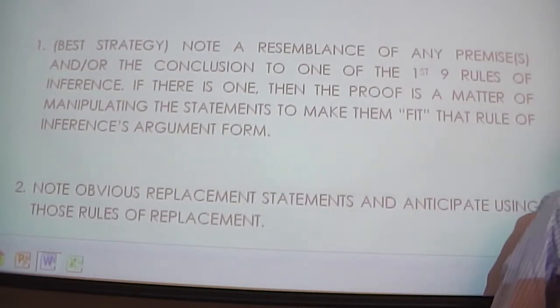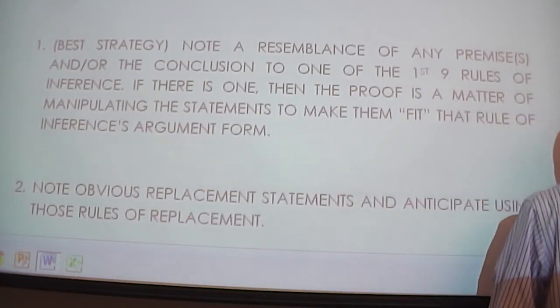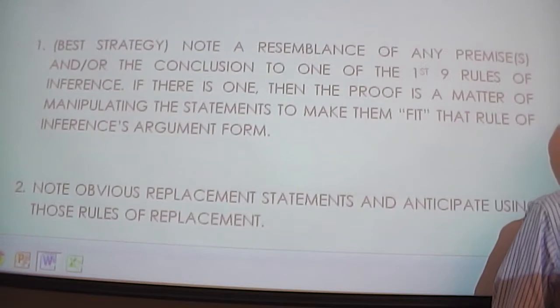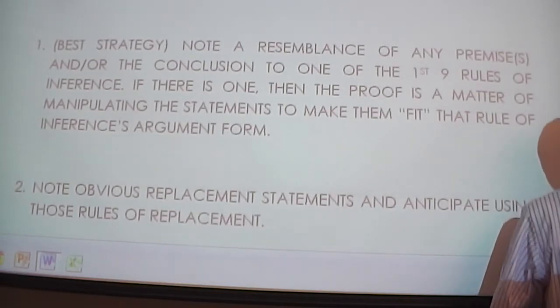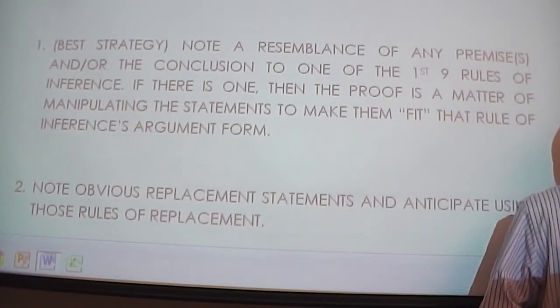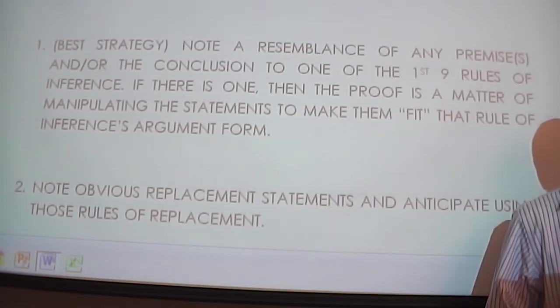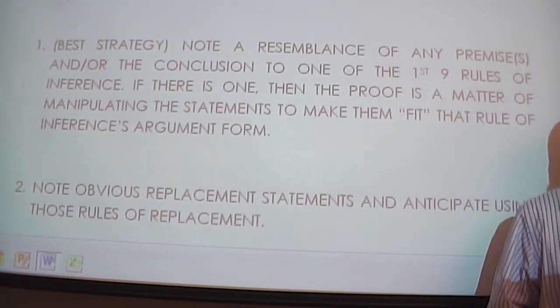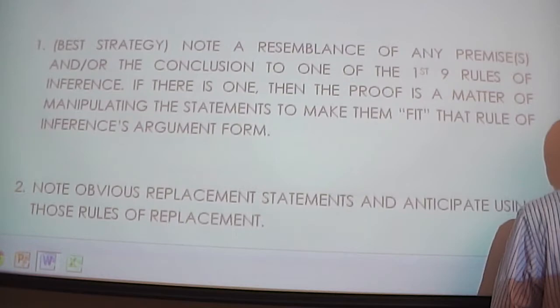It could either be a premise and a conclusion, or all premises and conclusion of, for example, modus ponens or modus tollens or hypothetical syllogism. And I say resemble because it will have to be manipulated by replacement to make it count as a substitution instance of, for example, hypothetical syllogism.